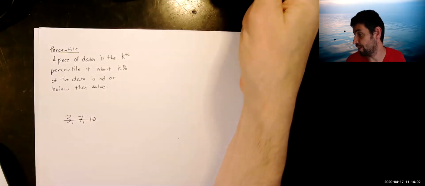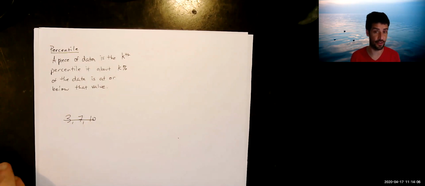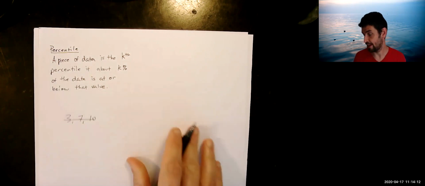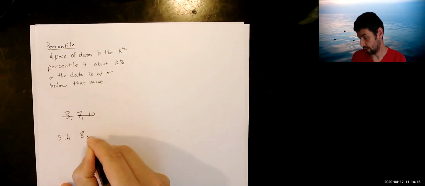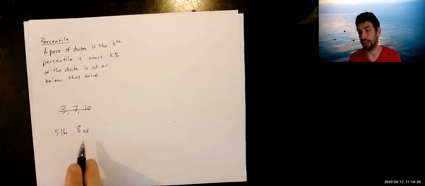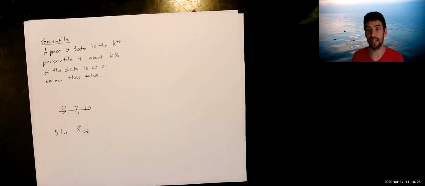And if you don't understand how much an infant is supposed to weigh, the weights are meaningless. So for instance, if somebody told you that their newborn was 5 pounds, 8 ounces, I don't know if that's a heavy baby, a light baby, a medium baby. I don't have any context to understand what they're telling me.